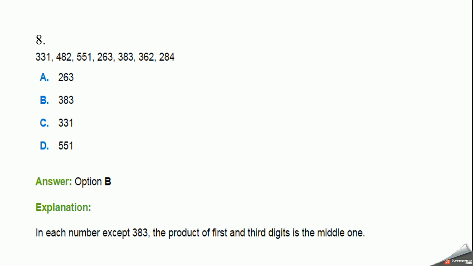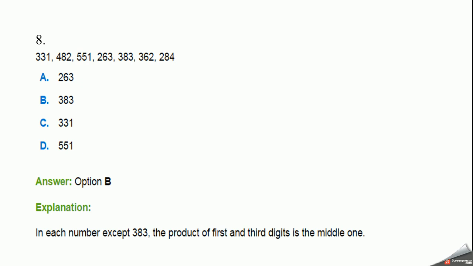Next problem: 331, 482, 511, 263, 383, 362, 284. In that situation, the middle digit is the product of the first and the last digit.